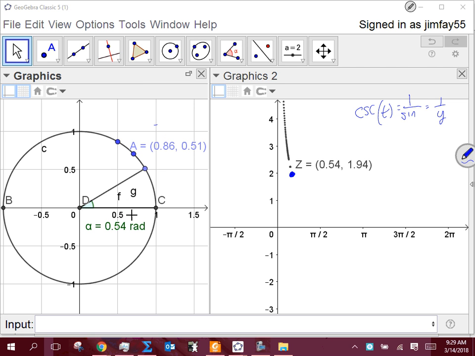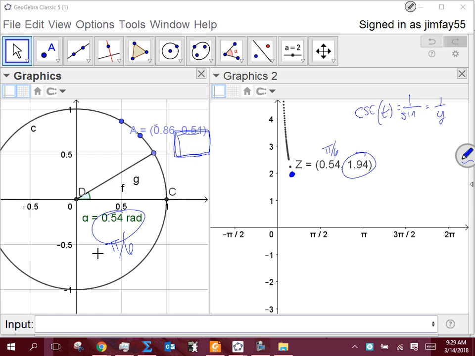What is the y value for pi over 6? It's 1/2, isn't it? Now, I can't get to 0.5 here. But if it's 1/2, what's the reciprocal of 1/2? 2. That should ultimately be a 2. Does that make sense, everybody?